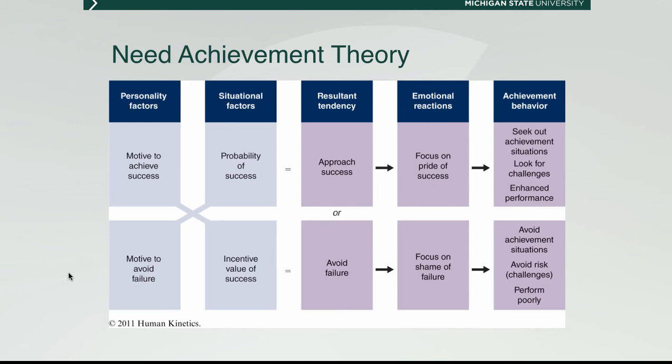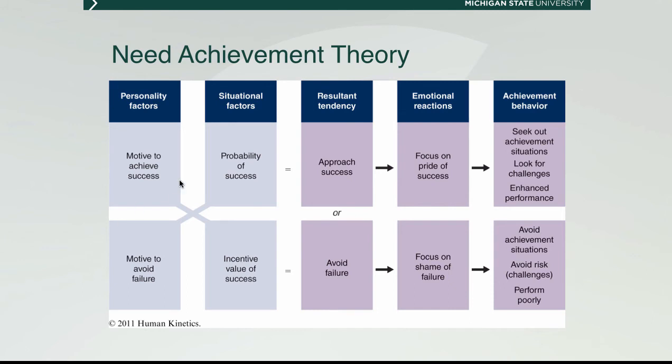Those are two different mindsets, and that's going to interact with situational factors. So what is the probability of success? What is the incentive value of success? Probability of success, if it's a 50-50 chance, then that's probably a good situation for someone, if we're sticking with this top level here, simply because they're going to frame that as an opportunity to learn and push themselves to become better.